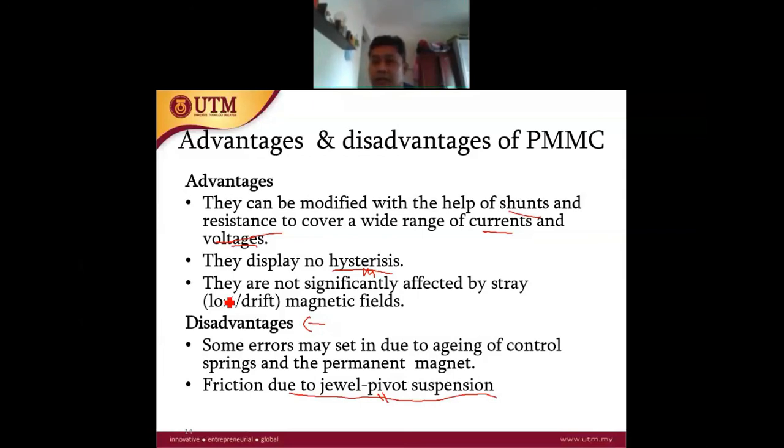In general the parts are fragile, so especially when you want to use it or transport it somewhere else, you have to handle it properly.